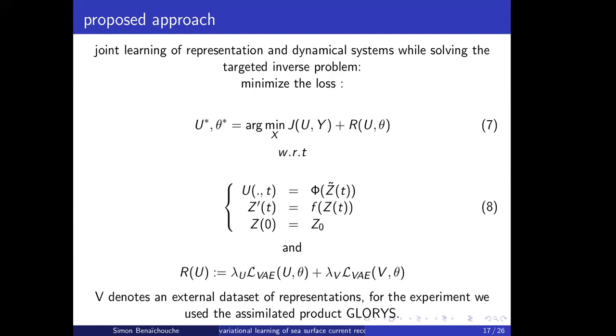To do that, we use the observational term that I showed you at the beginning, and we can complete the training of the generative model using external data, which will be good in a sense.